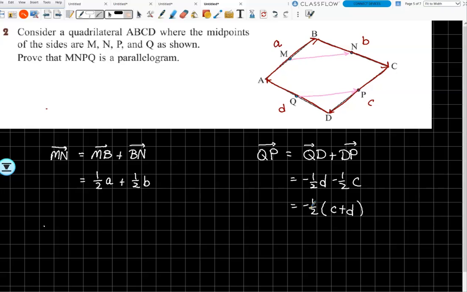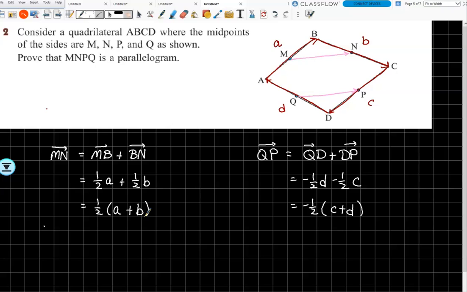This is A's and B's. This is C and D. I could go a half A plus B. We need a link between these guys.